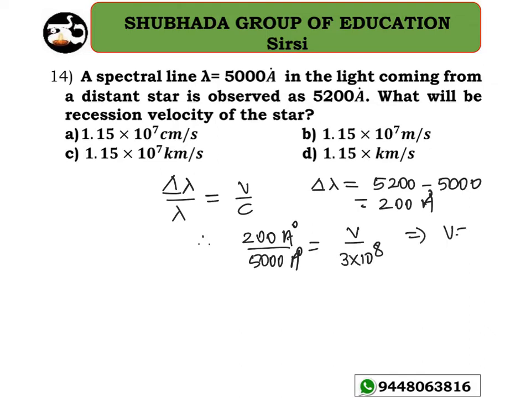It implies v is equal to 1.15 into 10 to the power of 7 meter per second. So option B is the right answer for this question.